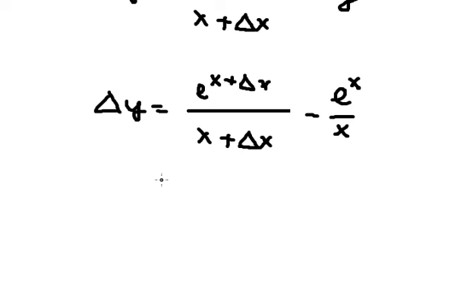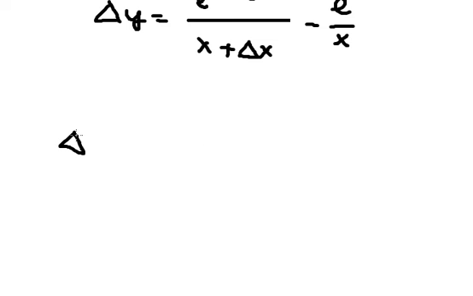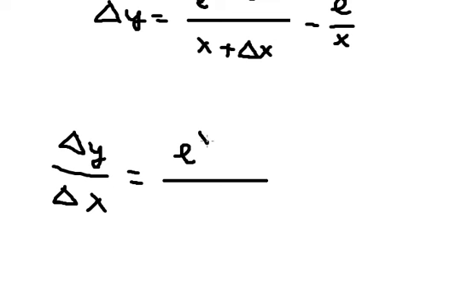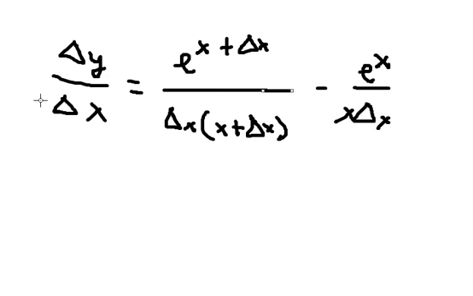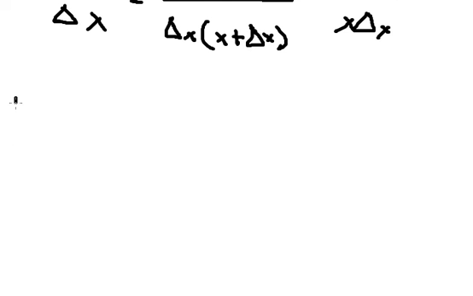Next, we divide both sides by delta s. So we put the limit for both sides.